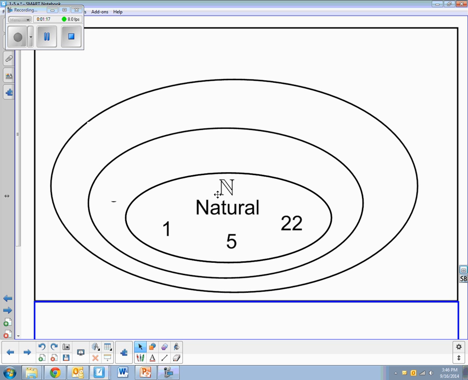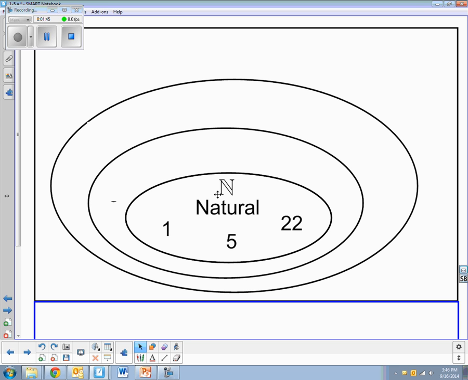Natural numbers. Natural numbers are numbers that occur in nature. And we use this fancy N to show natural numbers. Again, it's the lazy mathematician way of writing natural. Examples of natural numbers are numbers that occur in nature, like 1, there's 1 teacher; 5, there are 5 students; 22, there are 22 sticks. So natural numbers are whole numbers that are positive.